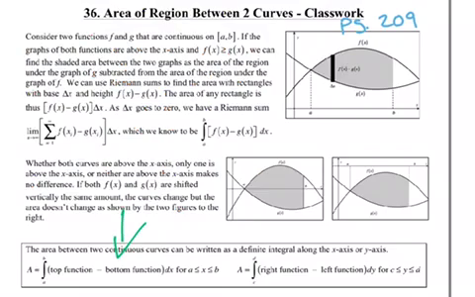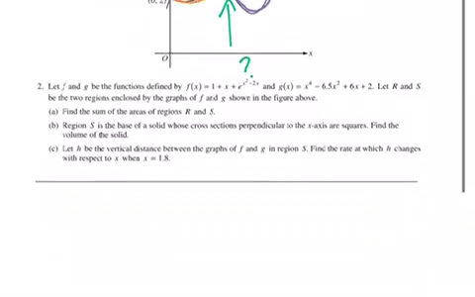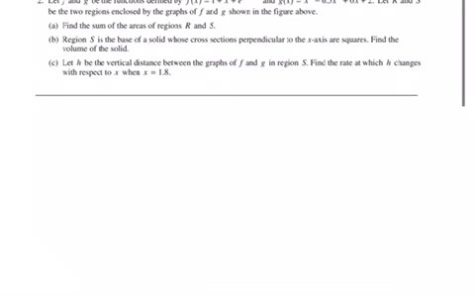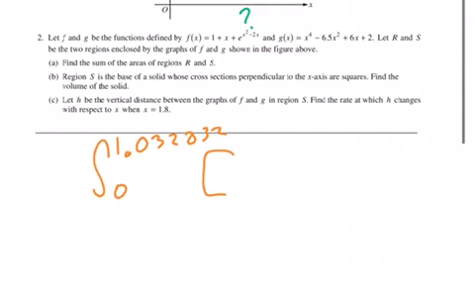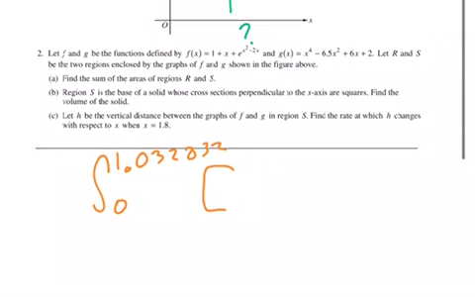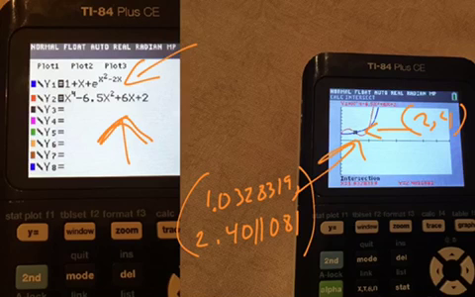So let's go back to this here. What am I actually doing? Well, I'm going to integrate from 0 to 1.032832. I'm just going to type it all in just to be safe. And I'm just going to use g of x and f of x. What we find out here is that the red one is g of x and the blue one is f of x.